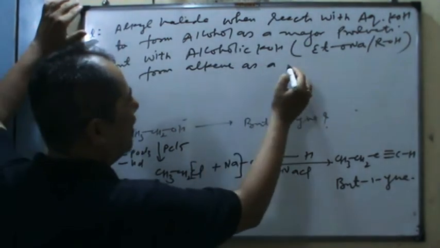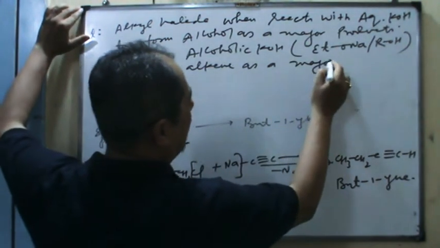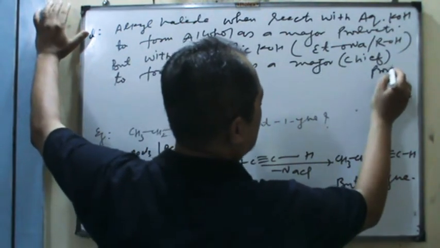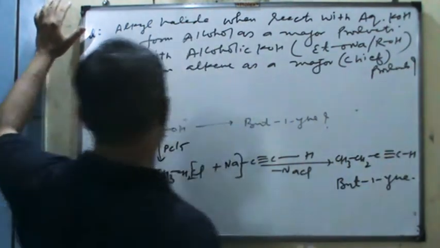Alkene as a major, or you can say chief product. Why? Anyone can explain it?